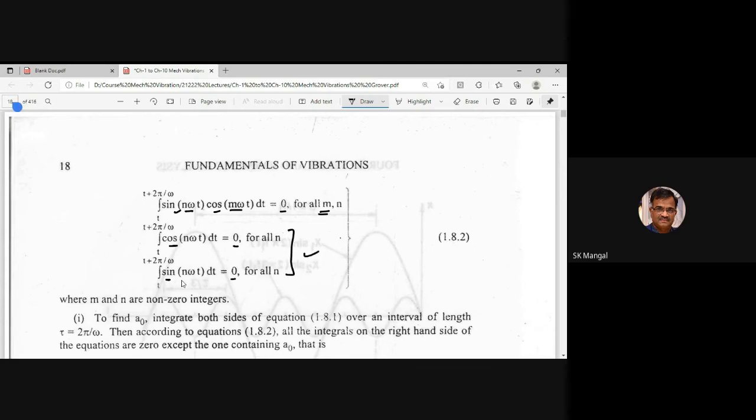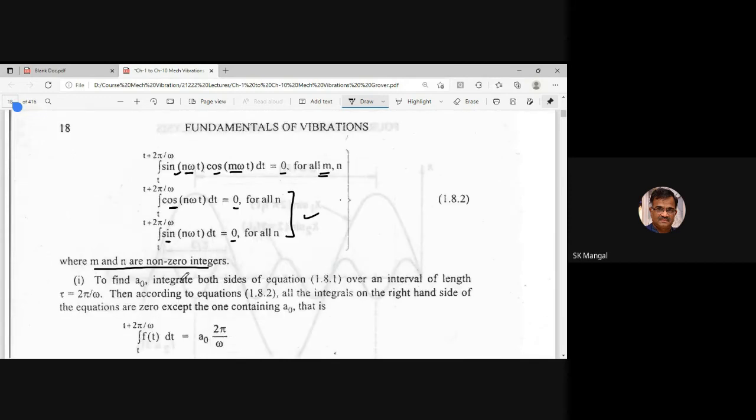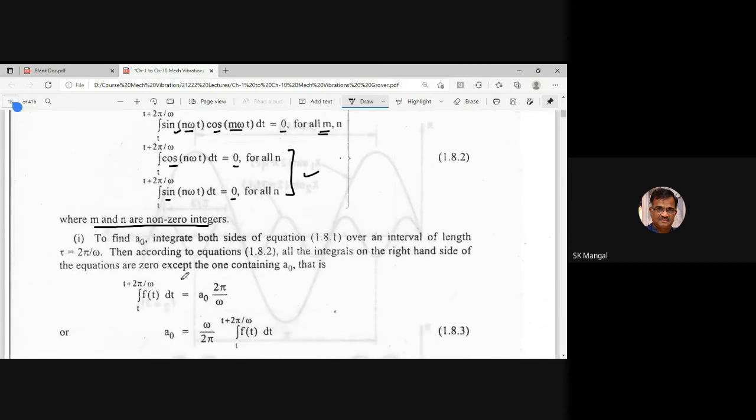So these 5 formulas are very handy to find the coefficients of the Fourier series. And here m and n are basically non-zero integers. Now to find the a naught value, you will be using these equations.